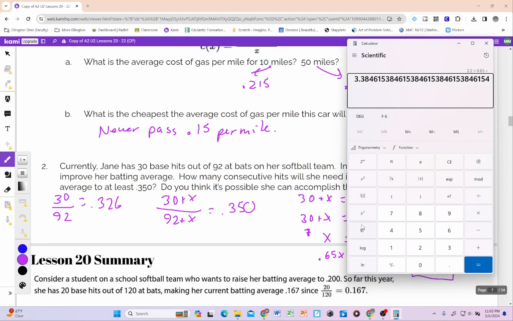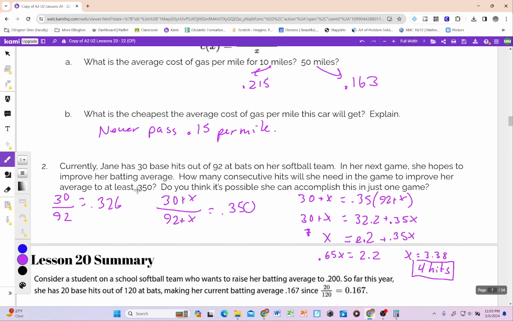If we do 4, so you're adding 4, that would be 34 divided by 96. Yep, that's 0.354. So imagine that. It looks like it's a pretty fair jump. But that's the lovely part about fractions and how much it increases like that.